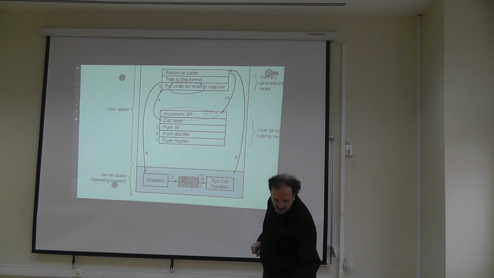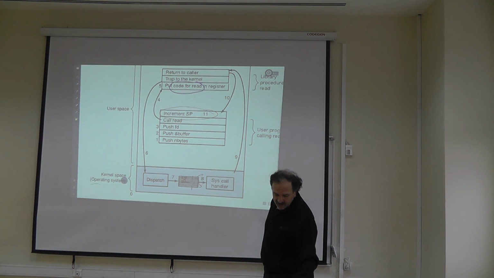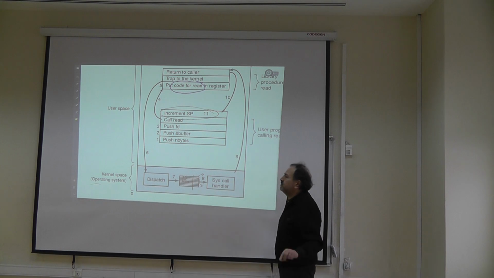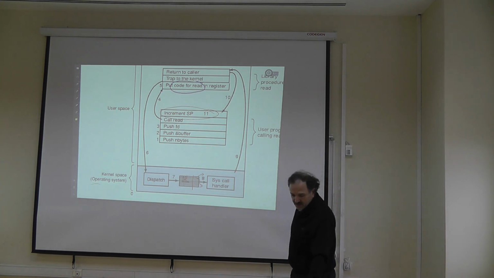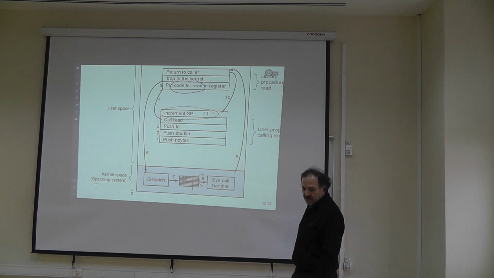Because when you trap to the kernel space, you need to change the CPU's mode from user mode to kernel mode. That's one thing. After that, you need to save all of the state of your process, and after you save it, you start running another program.